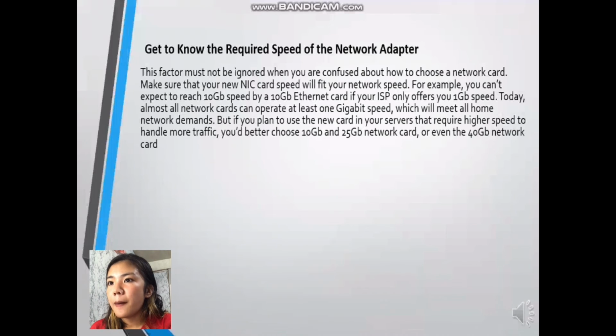Today, almost all network cards can operate at at least 1 gigabit speed, which will meet at-home network demands. But if you plan to use the card in servers that require higher speed to handle more network demands, you had better choose a 10 GB or 25 GB network card, or even a 40 GB network card.